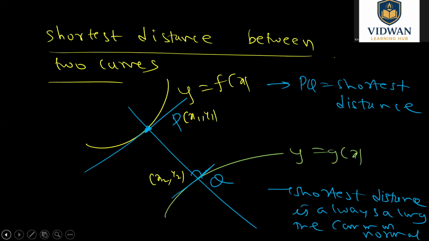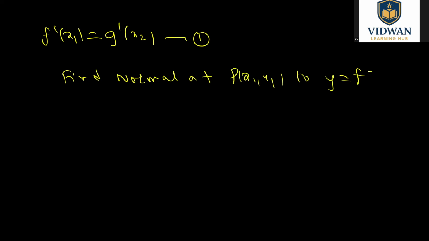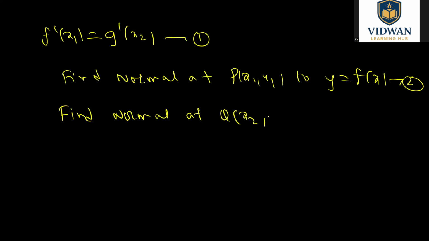And basically you have to find the coordinates. If this does not work, maybe this gives some condition which cannot give you all the required values. So find the normal at P x1, y1 to the first curve and call it equation 2. Usually if the slope is not giving you the answer, then you need to do this. Then find the normal at Q to the second curve, y equal to g of x, call it equation 3.